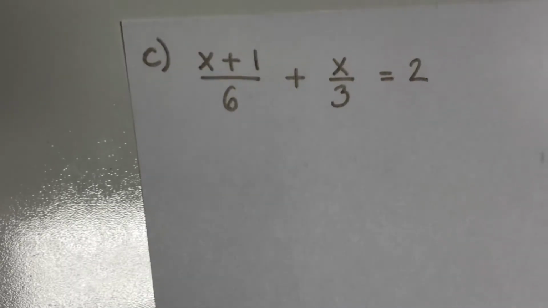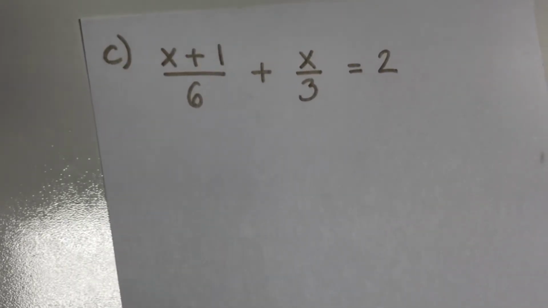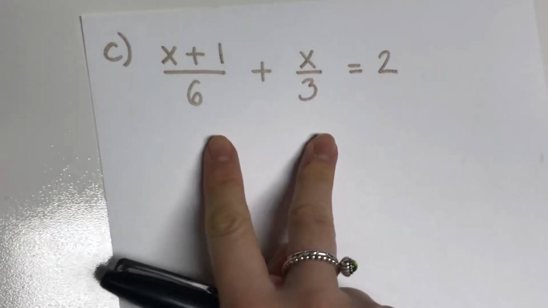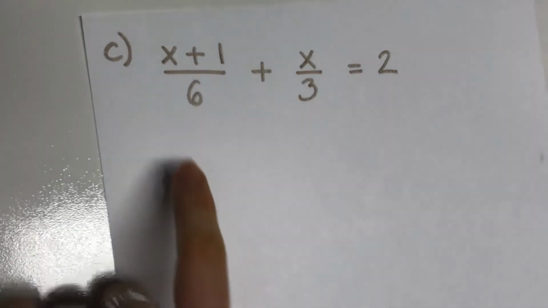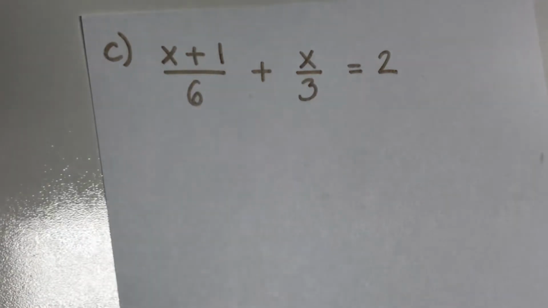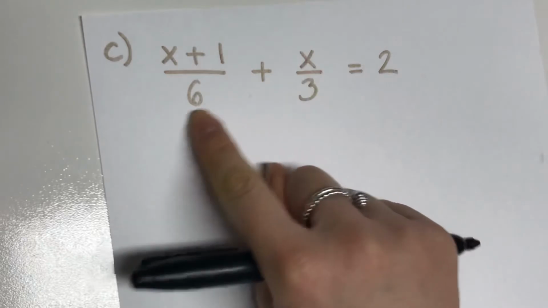Next example. So using that same strategy of multiplying by the lowest common multiple, that's how I'm going to answer this question in order to get rid of the denominators. So here, the lowest common multiple for 6 and 3.